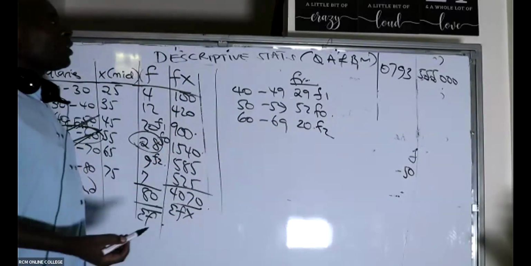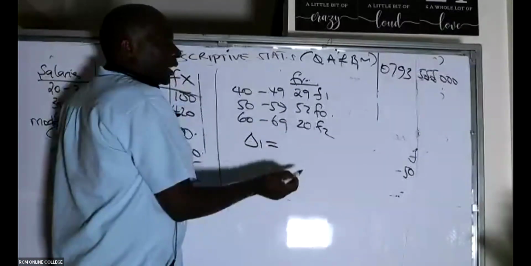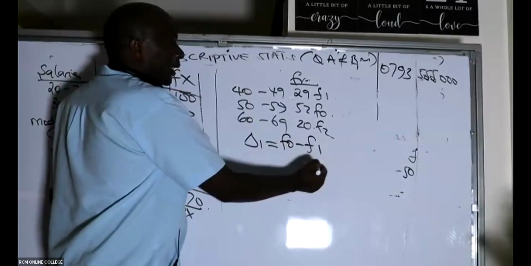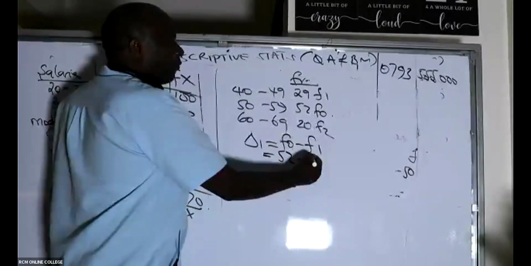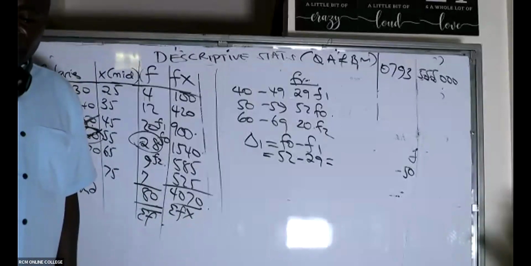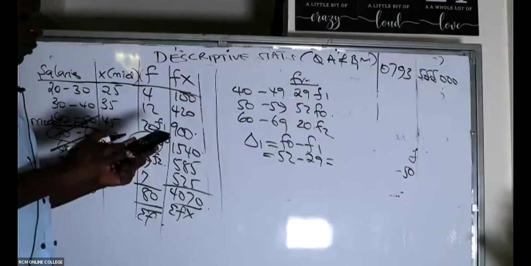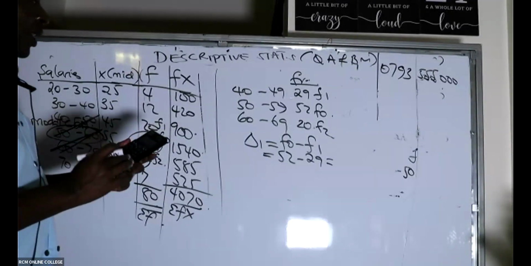Once you have identified these, go ahead and calculate our deltas. Delta 1 is F0 minus F1. F0 is 52 minus F1, which is 29. So 52 minus 29 gives me 23.